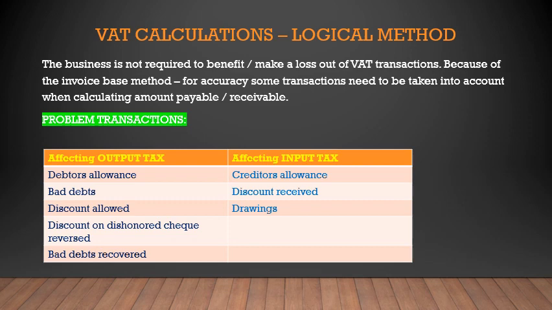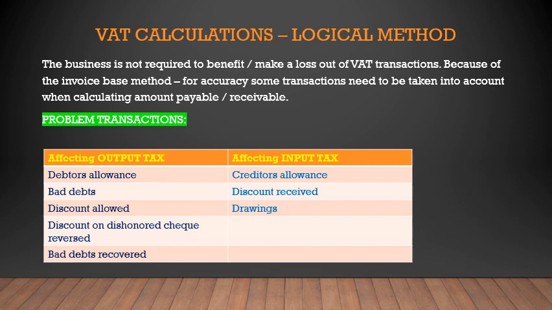Discount received is what the supplier decided to allow us not to pay. We are not going to pay VAT for the discount. Then drawings, what we have used personally as the business owners, we cannot claim it from SARS. So these transactions decrease what we must claim from SARS.